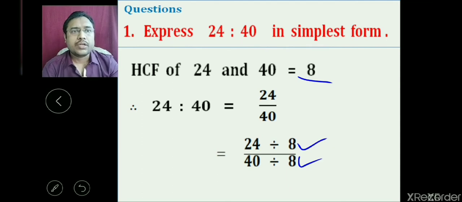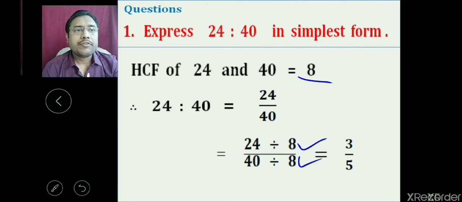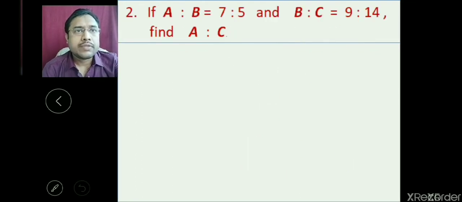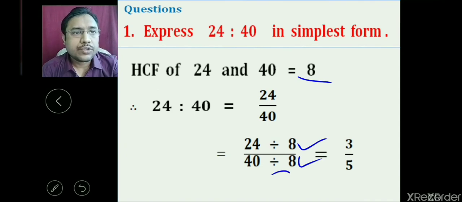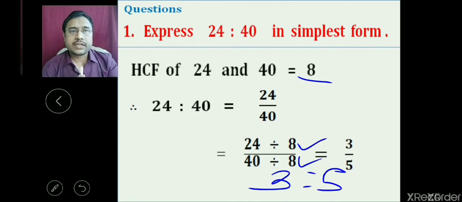This will come 8 into 3 times is 24 and 8 into 5 times is 40. That means it is 3 by 5. So we can say the ratio is 3:5.